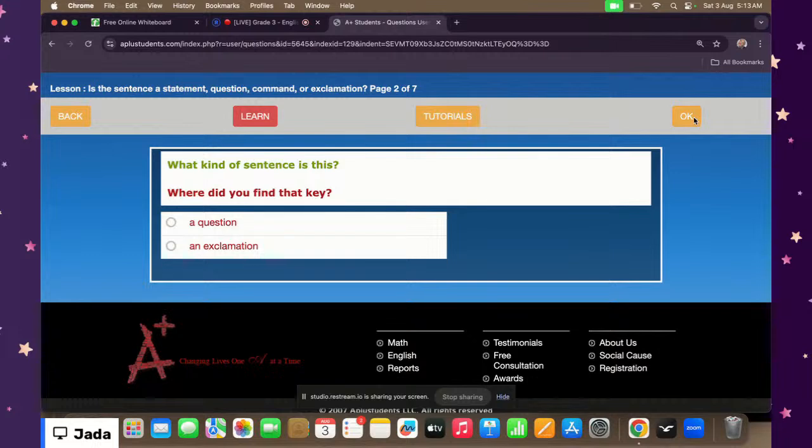What is this one? The question. Okay, so a question because it ends with a question mark.